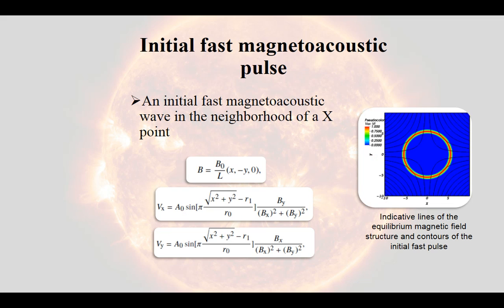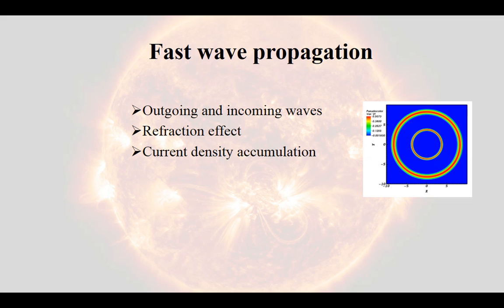And in the second simulation setup, an initially symmetric fast magnetoacoustic wave is introduced to the system. It must be noted that every parameter is similar to the first setup with the initial Alfvén wave, so it could lead us to investigate differences between Alfvén wave propagation around the null point and fast wave propagation around the null point.